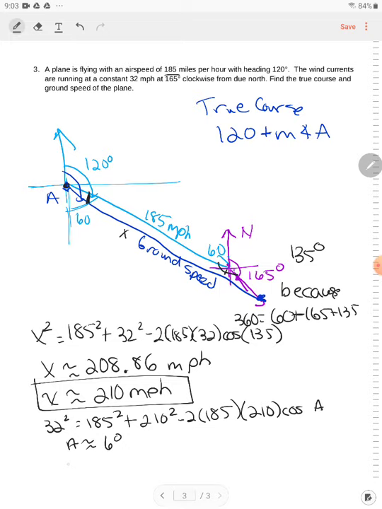So what I'm going to do is I'm going to find the true course. So the true course is 120 plus 6, which is 126 degrees. So that's all for the law of cosine.